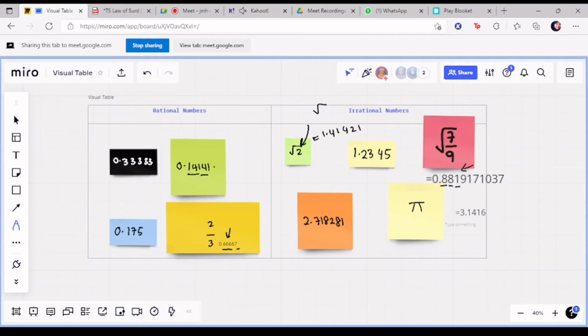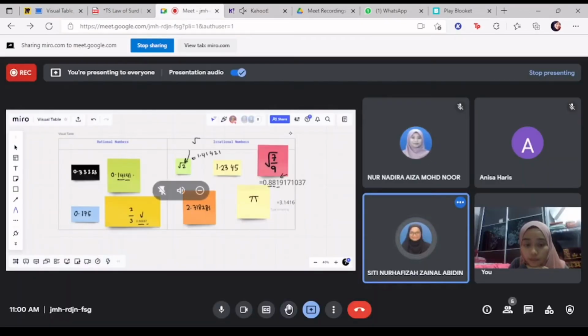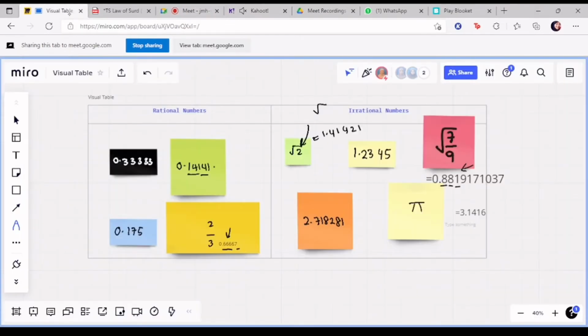So what can you conclude from this table about the decimal places? Different number. Irrational numbers have different numbers, but rational numbers have repeated numbers. Okay, very good. That is correct.